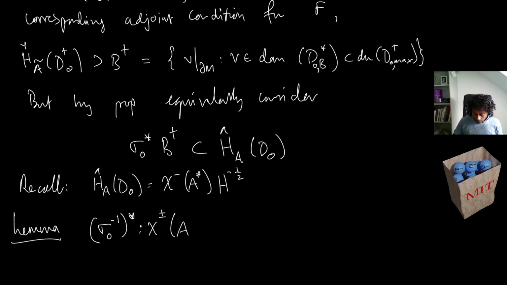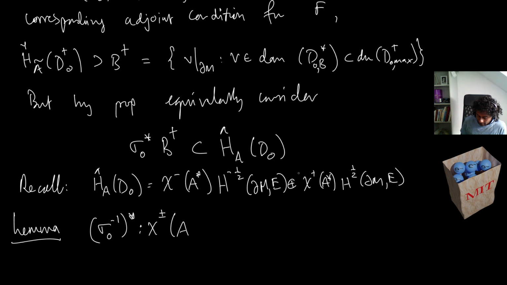Because remember the way that the annihilator behaves, this pairing behaves with respect to the check and the hat spaces. So this is chi plus A star H half. Okay, so the negative and the positive gets flipped around for this dual space, as you would expect.